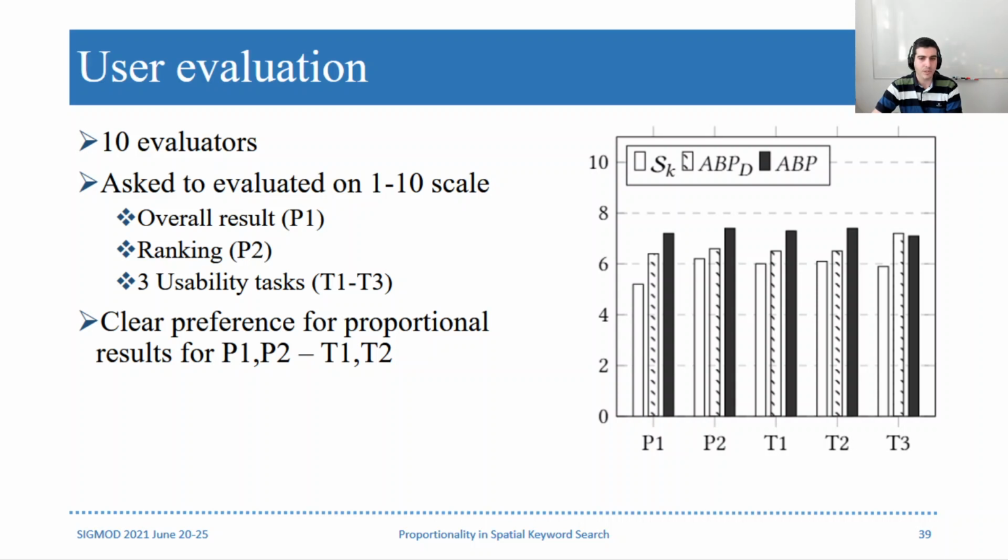We asked them to submit a score for their overall preference, ranking, and the usability of the results according to three tasks. The results show a clear preference to the proportional results, both in general terms and in terms of ranking. We can also see a preference of users for the proportional results for 2 out of 3 tasks.